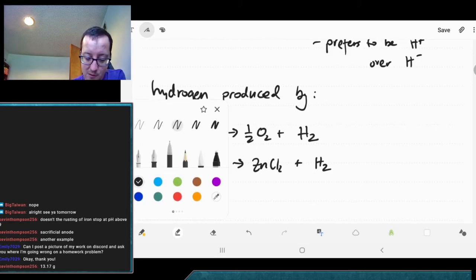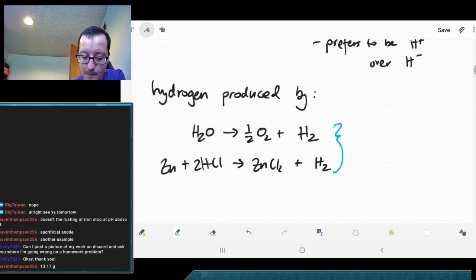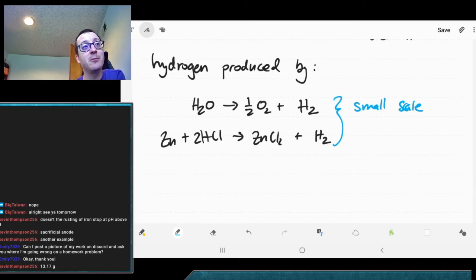But these are kind of small scale. So if we were to do a laboratory experiment, if we needed hydrogen for a reaction, we would probably take some zinc and hydrochloric acid or some other active metal and throw it with an acid. We'd get hydrogen gas out. Or if we wanted to, we could electrolyze it. Either way, that would work. But those are small scale processes, so they're not really efficient enough for industrial purposes.